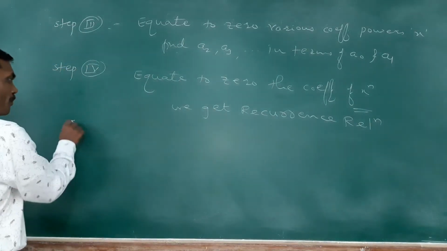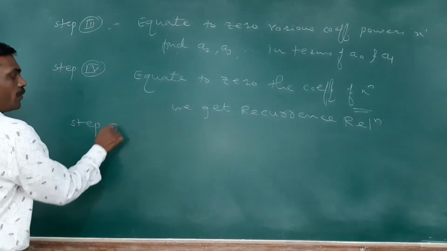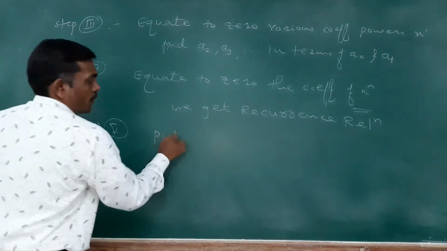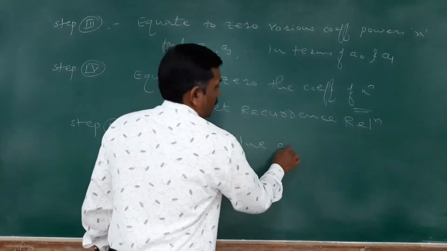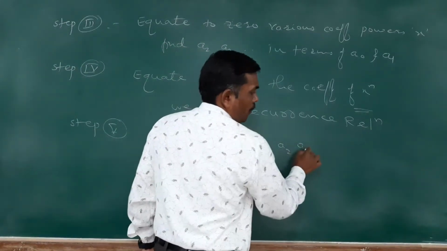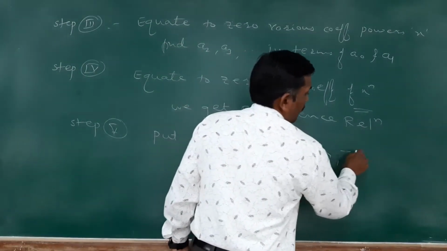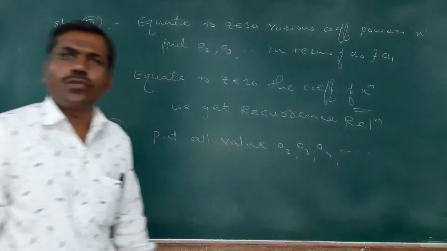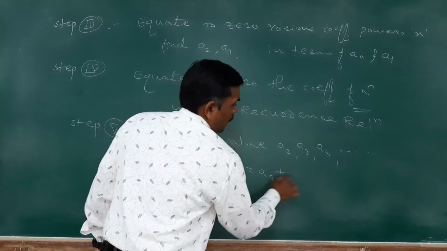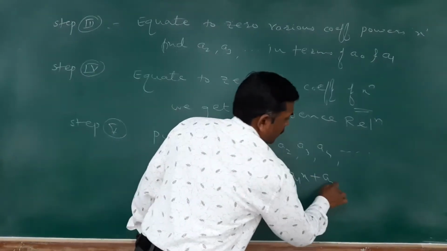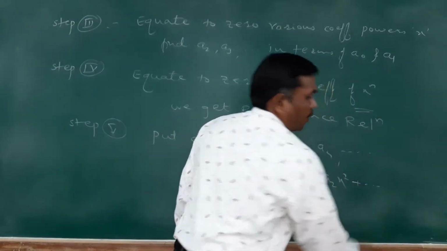Final step, step 5. Put all values, which ones? A2, A3, A4, A5, whatever values you have found, in y is equal to A0 plus A1x plus A2x square plus dot dot dot. Right?